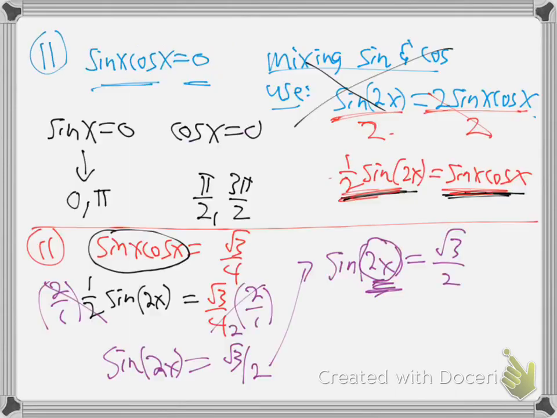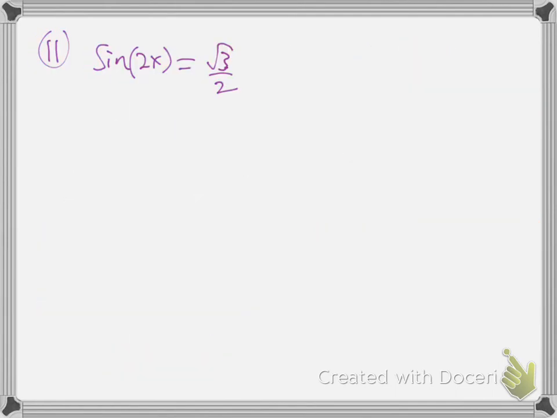We're still finishing number 11. Sine of 2x is root 3 over 2, right? So now you can go to the unit circle, look for root 3 over 2. What do you see for root 3 over 2? Where is the sine root 3 over 2? Let me go to the unit circle with y'all.